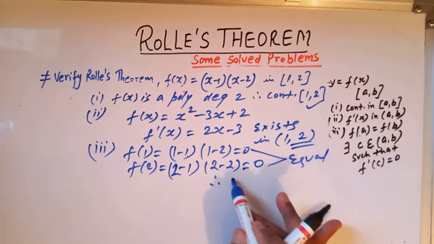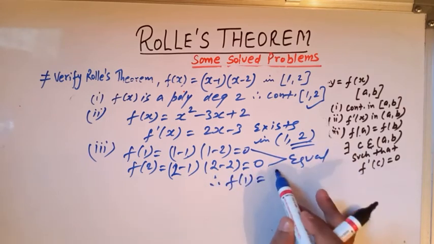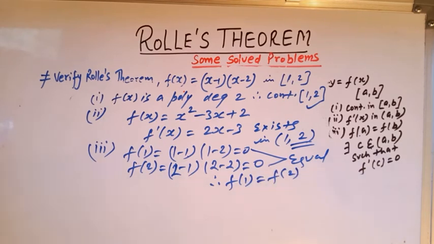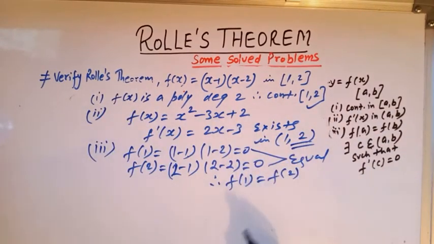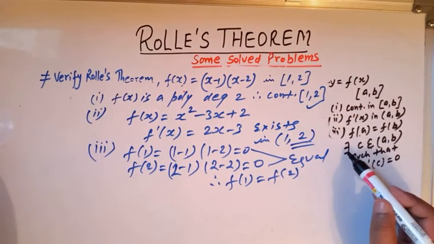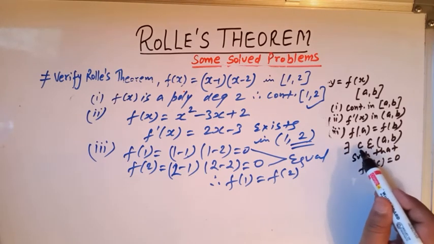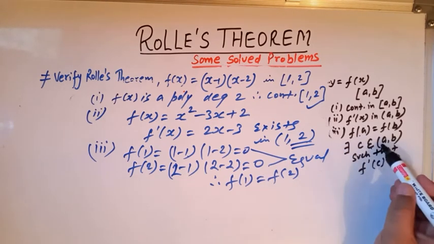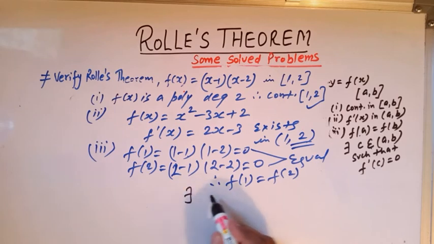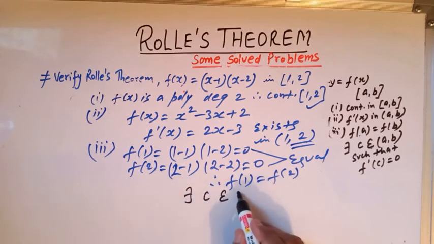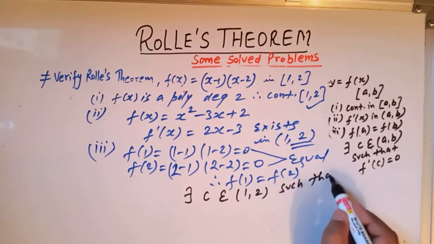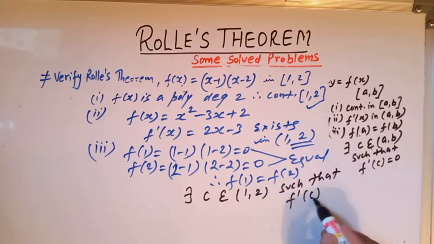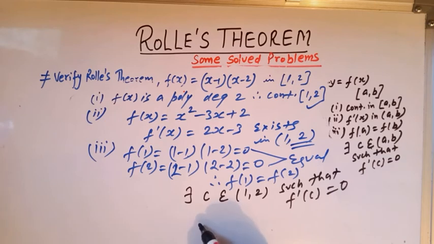So therefore we can say that f of 1 is equal to f of 2. So the three conditions of Rolle's theorem are satisfied, and hence there must exist a value of c belonging to (a, b). There must exist c belonging to 1 comma 2 such that f dash of c equal to 0, or f prime of c is 0.